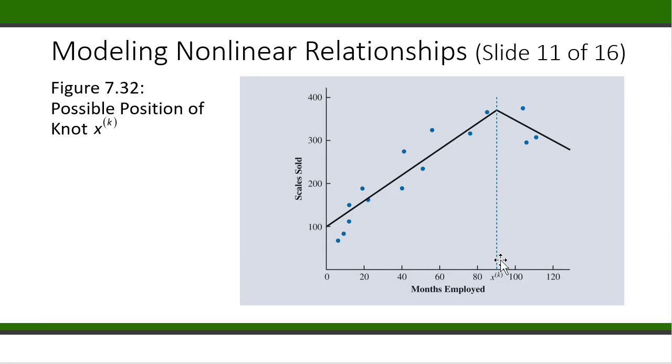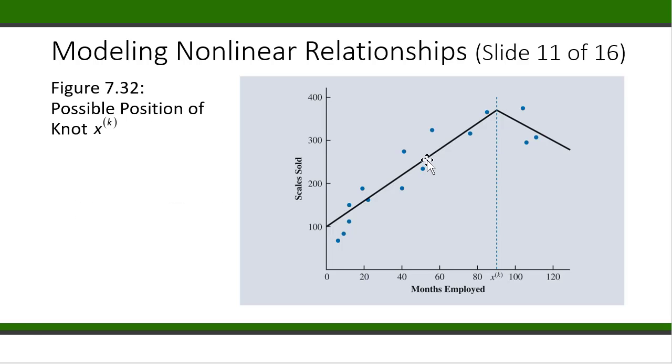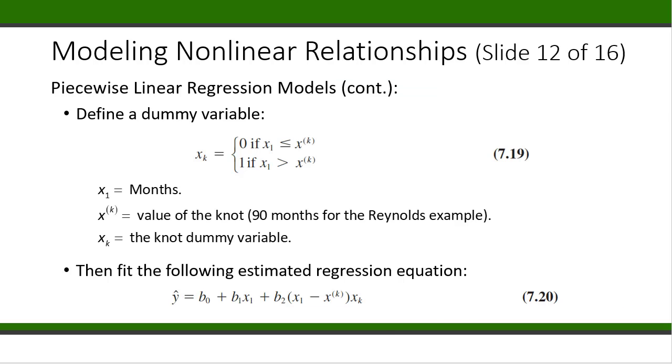So that's this place right here. And so for us, it's the value of the independent variable months employed at which a relationship between months employed and sales changes. So it keeps going up, but at some point the sales start to decline, and so that's where this knot is.